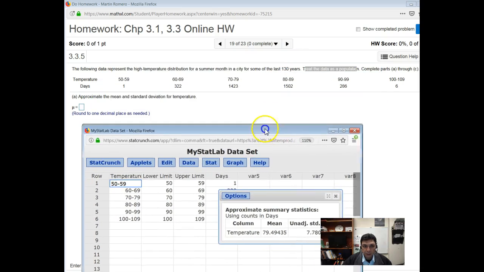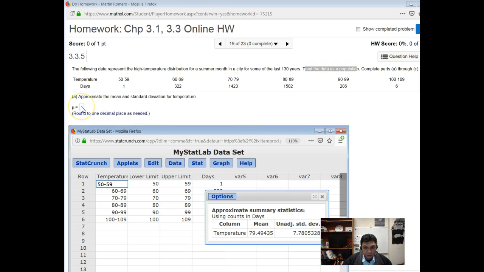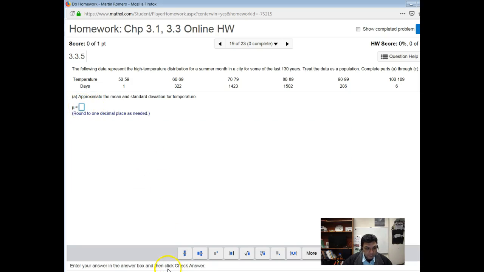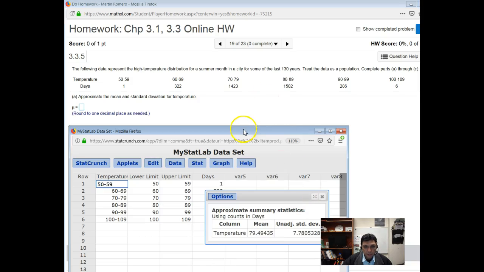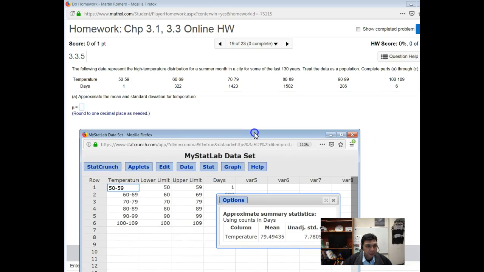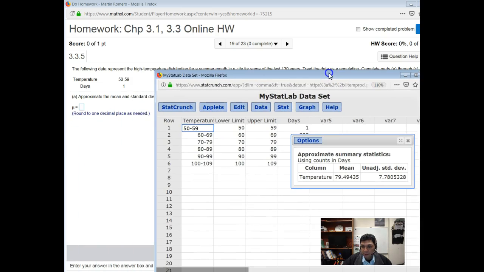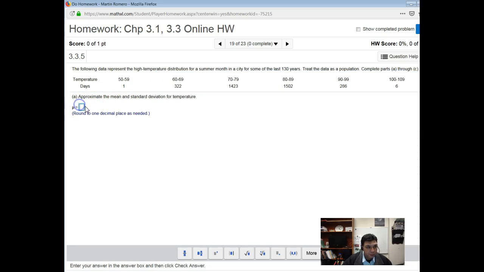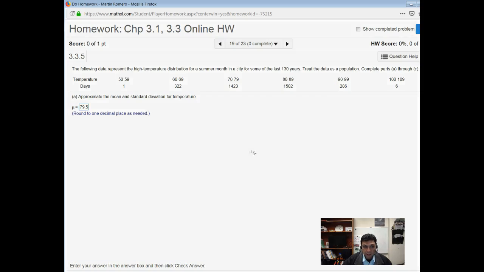And so those are the numbers that you're going to put in here. For example, I see 79.49, round to 1 decimal place, so 79.5 would go here. And so I could go ahead and check my answer.